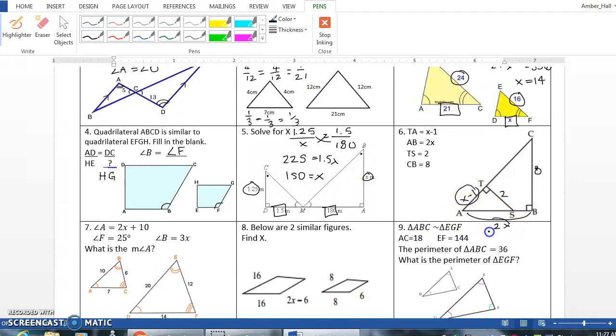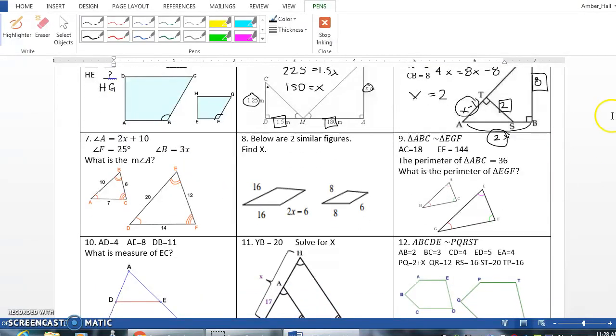And then 2 corresponds with 8. So if we set up our proportion, it is 2 over 8 equals x minus 1 over 2x. Cross multiply, 4x equals 8x minus 8. Do some math, and x equals 2.